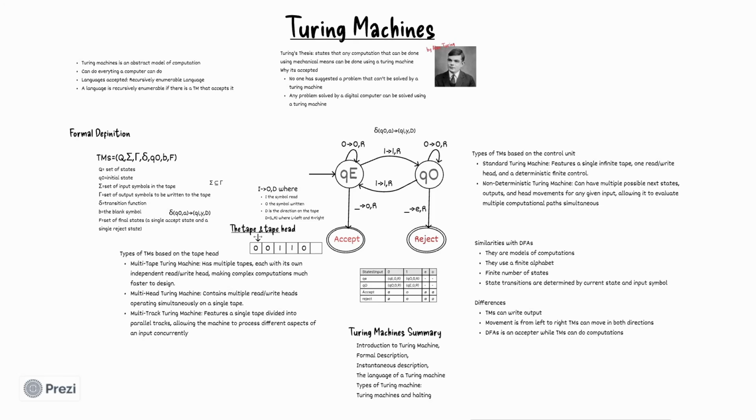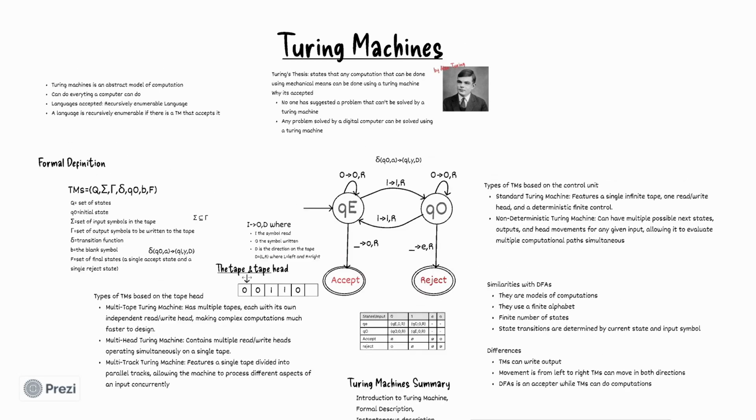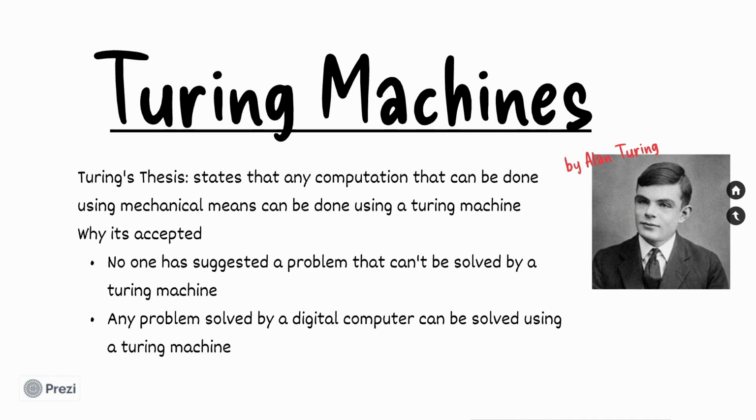In this video, we shall talk about Turing machines. Let's start with Turing's thesis, which states that any computation that can be done using mechanical means can be done using a Turing machine.